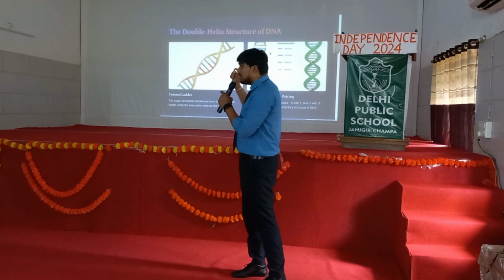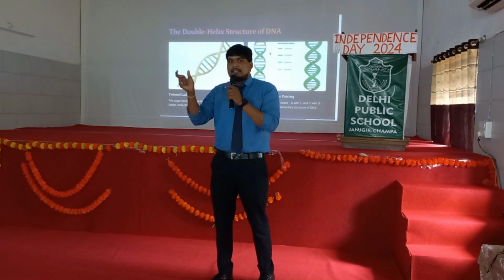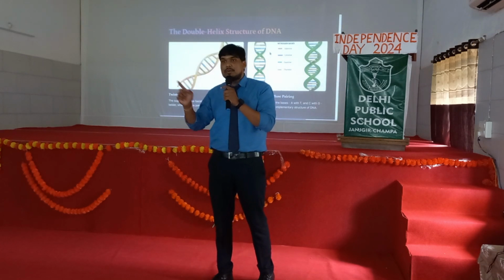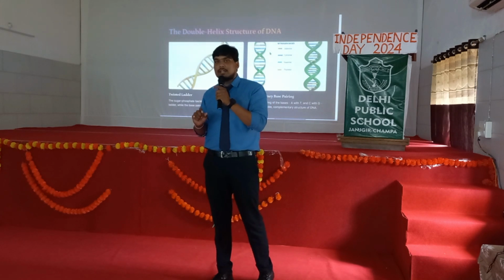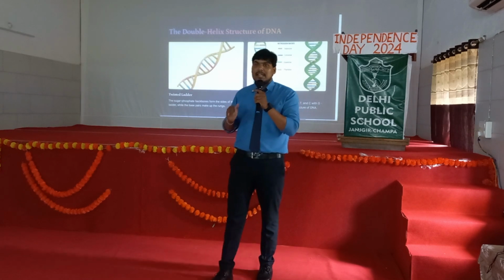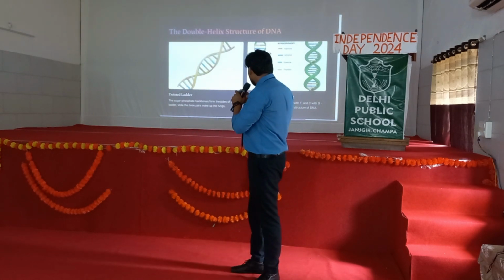Then after each base pair, each nitrogenous base is turned by 36 degrees. That means the total 10 base pairs in a groove turn 360 degrees. That is called the groove, right? And with the help of this groove we can measure the length of DNA, right? So that is the structure of DNA.